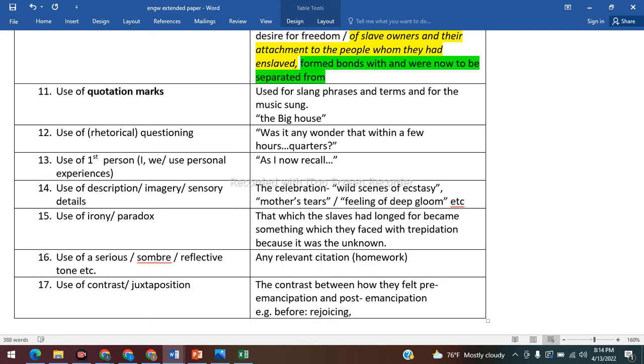They were thankful. There were feelings of ecstasy, right? That's before. They had a big celebration before, leading up to emancipation.